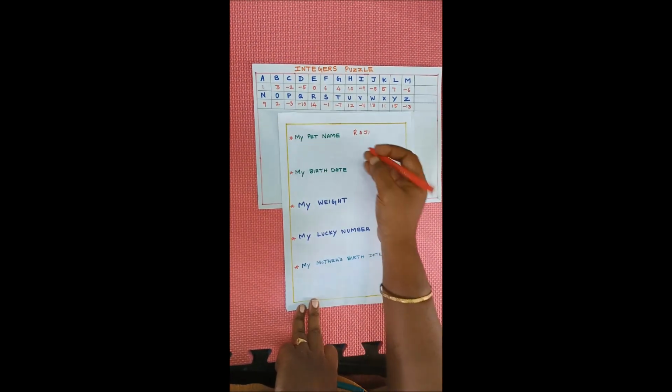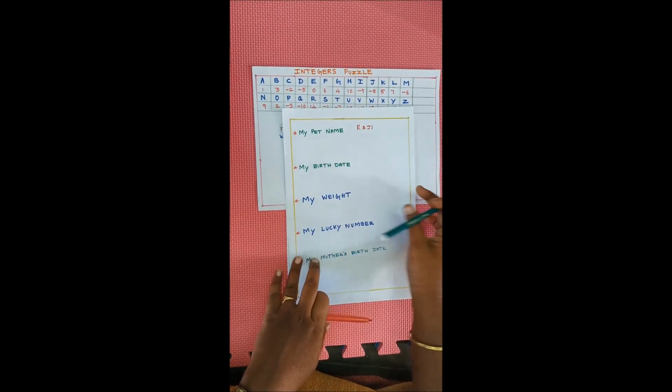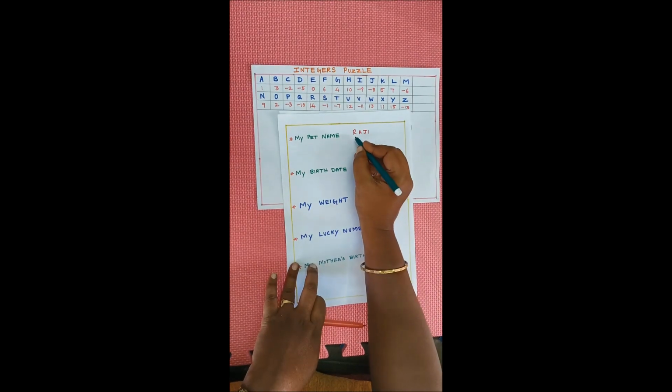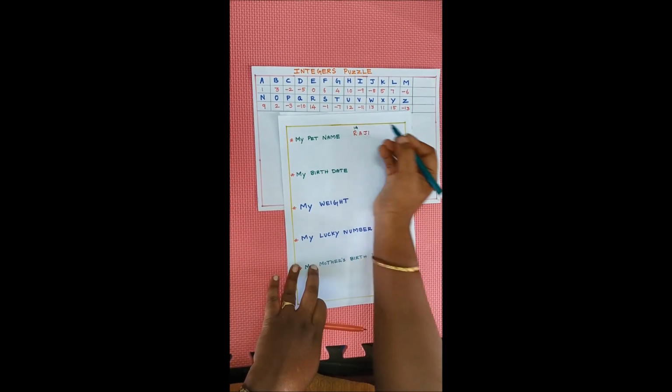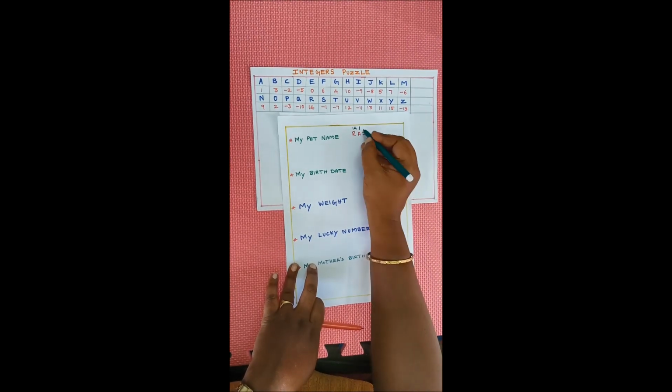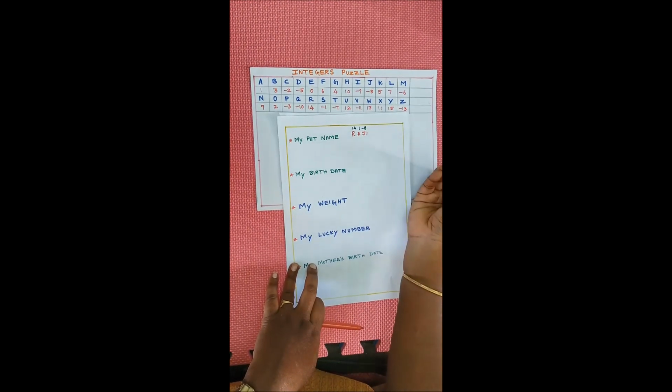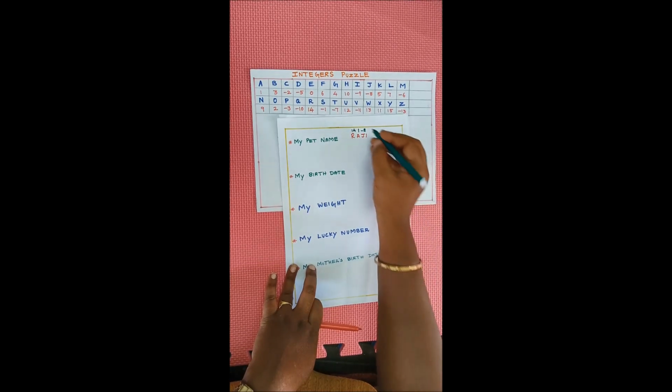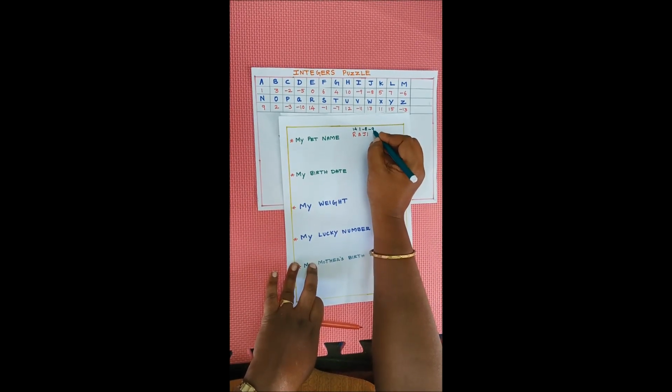R represents 14. A represents 1. J represents -8. And I represents -9.